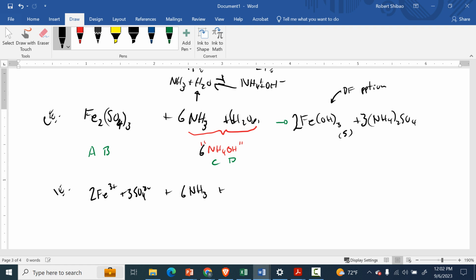So that's 6 ammonias. Water is a non-electrolyte, so leave that one alone. Iron 3 hydroxide is an insoluble salt, so leave that alone. Ammonium sulfate is a soluble salt, so break that up. And that's going to break up into 6 ammoniums plus 3 sulfates.